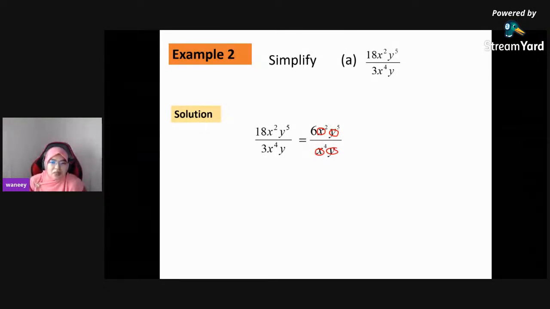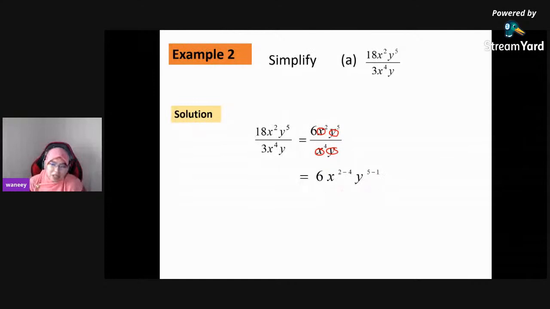So x with x, y with y. Okay, so it will become 6 x to the power of 2 minus 4. So this is in your denominator. So you will bring them up, it will become minus. So 2 minus 4. And then this one, bring them up again. So you're going to get negative 1. So 6x, 2 minus 4, y to the power of 5 minus 1.